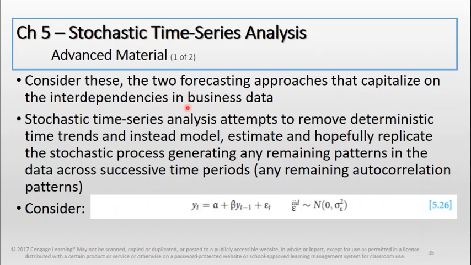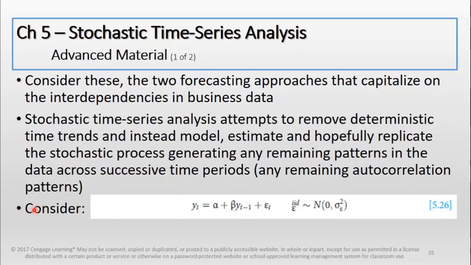In contrast, stochastic time series analysis attempts to remove deterministic time trends and instead model, estimate, and hopefully replicate the stochastic process generating any remaining patterns in the data across successive time periods.